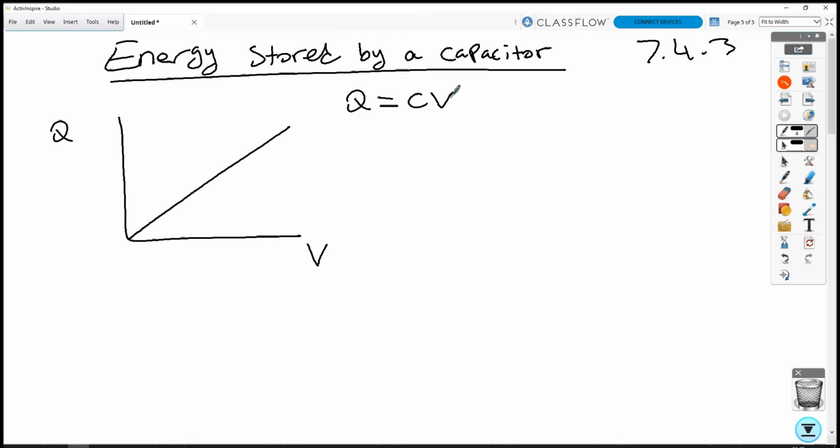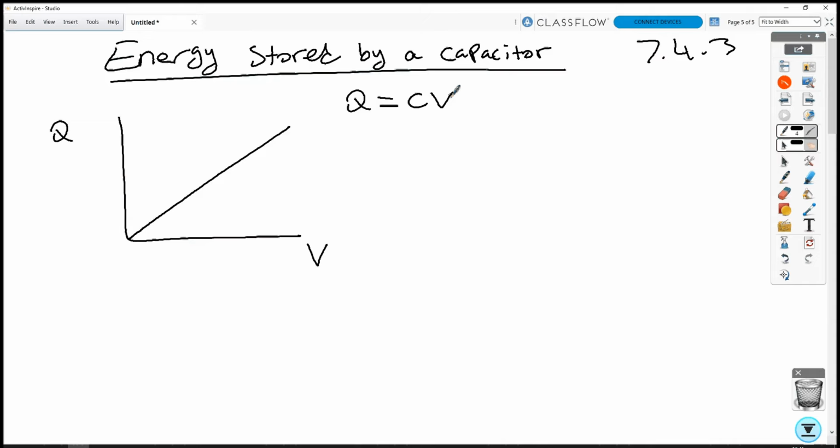Now, work done that you learnt from AS physics and electricity was Q times V. In that situation, however, there wasn't a change of Q and a change of V. So if you were to graph that, it would basically just be the area under the graph.